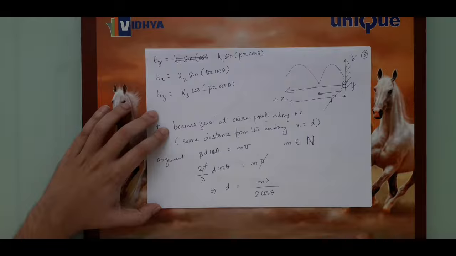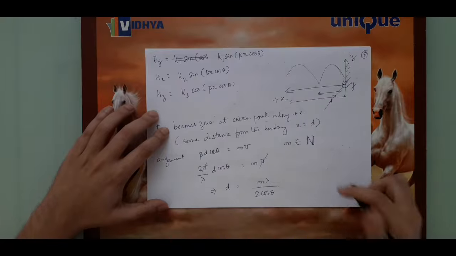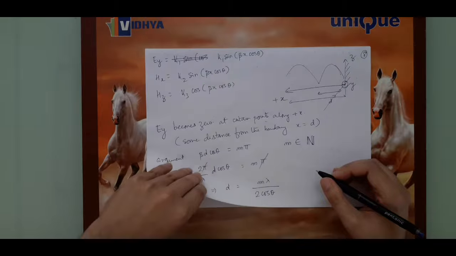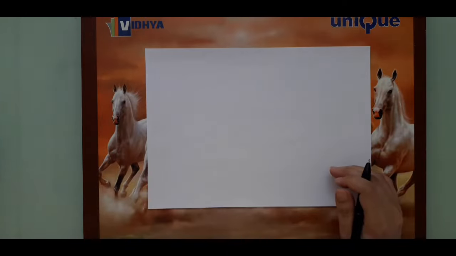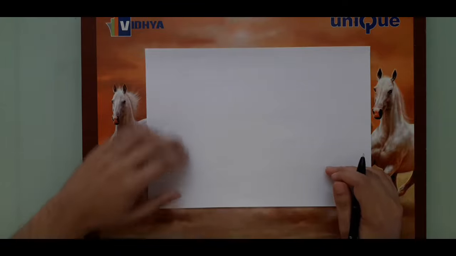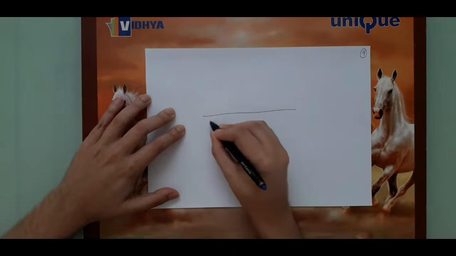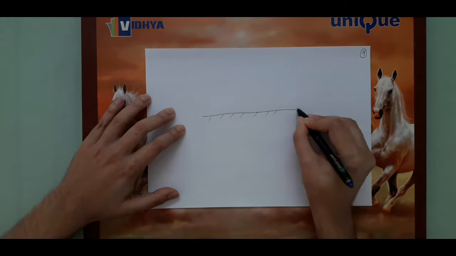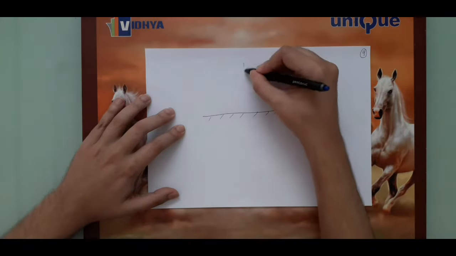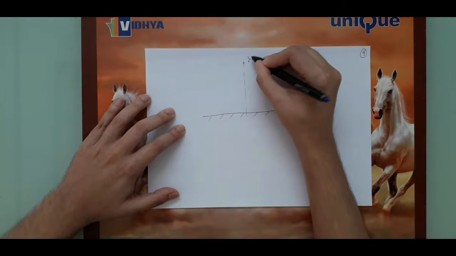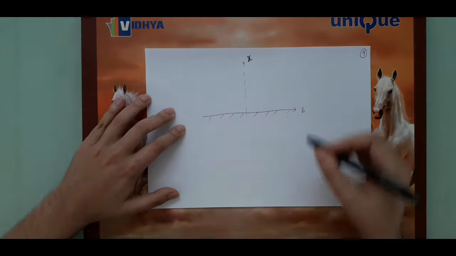It's a repetitive procedure. So suppose I am writing it this way now. This is the z direction, this is the x direction.